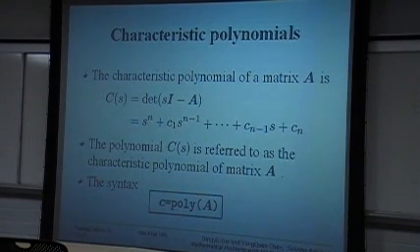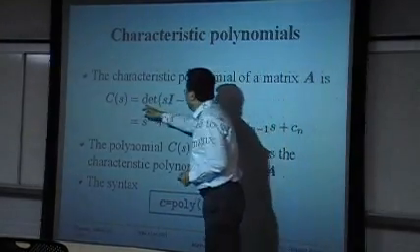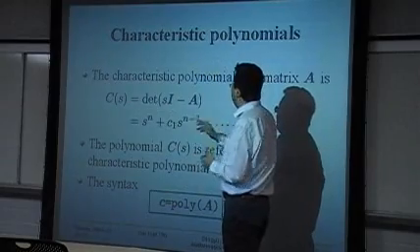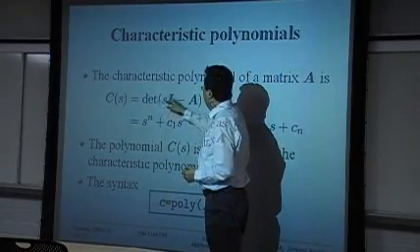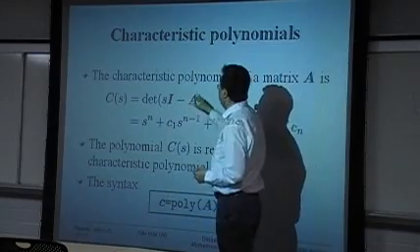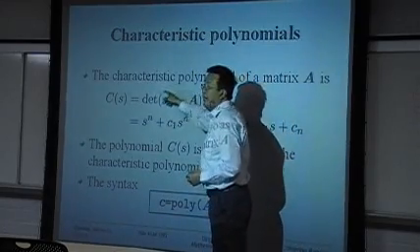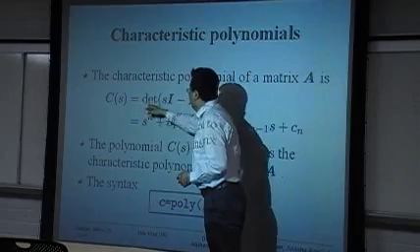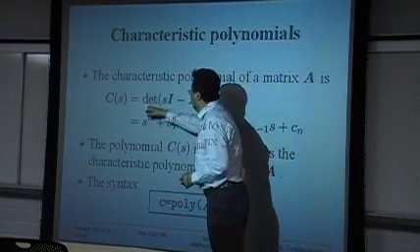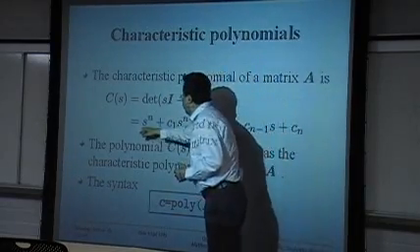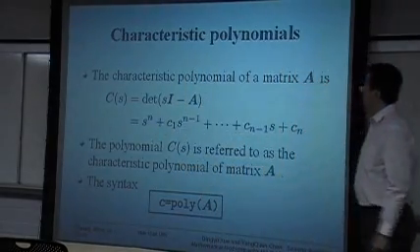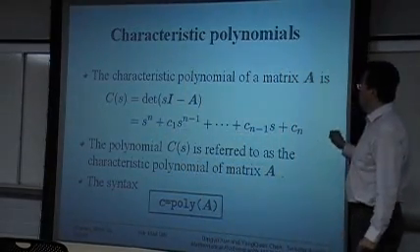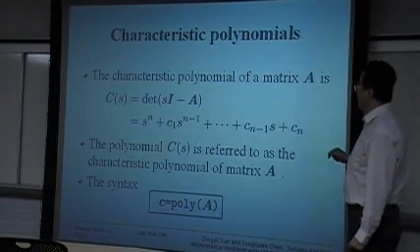So now let's consider the characteristic polynomial of a matrix. By definition, the characteristic polynomial is something like this. If you use an operator S times the identity matrix minus A, we have a new matrix containing S. And if we find the determinant of this matrix, what we find is a polynomial of S. This polynomial is called the characteristic polynomial of the matrix.